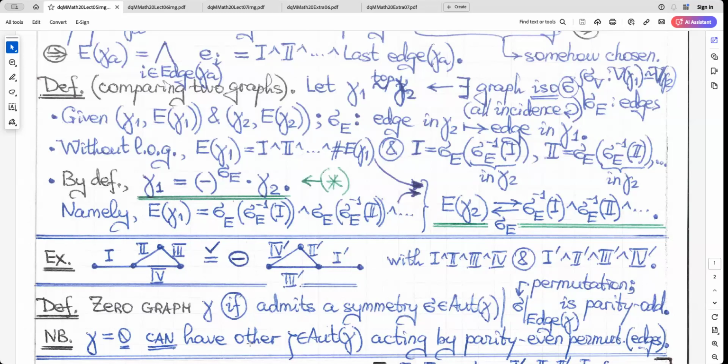If the permutation is odd, then they are minus each other. A very natural idea. So indeed, when you compare some standard graph number 1 and topologically isomorphic number 2, then not just the topological isomorphism, but the equality is determined by the permutation which acts on the set of edges.